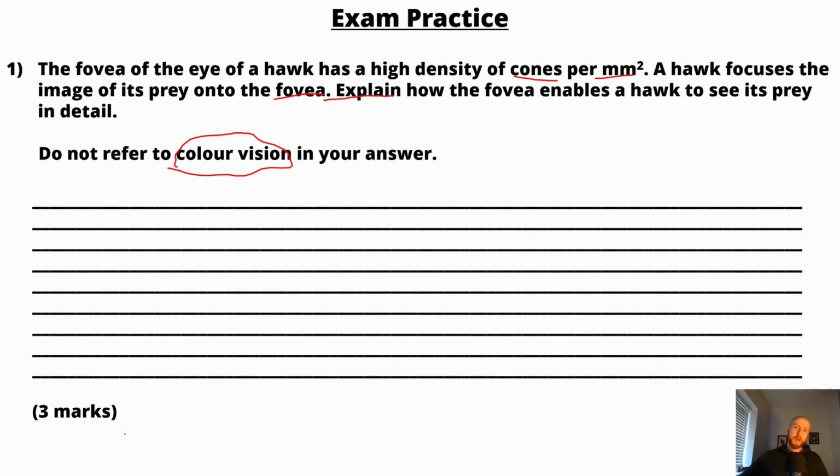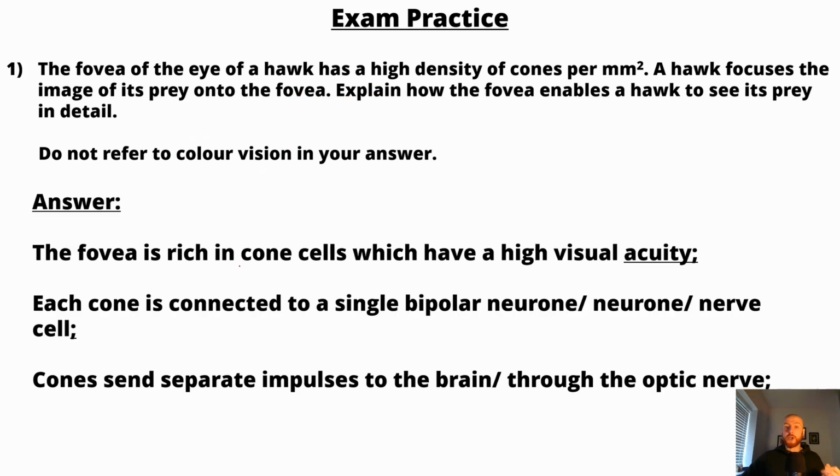So the answers are, first of all, the fovea is rich in cone cells which have a high visual acuity. And we can see the term acuity is underlined there, which means it must be included for the mark. Each cone is connected to a single bipolar neuron. That will get you your second mark.